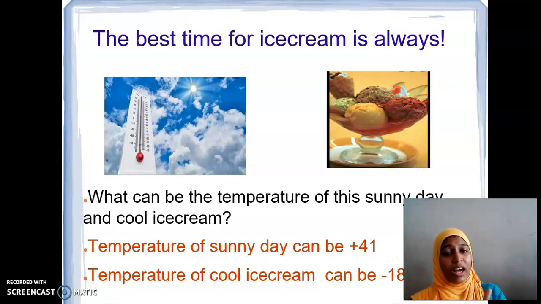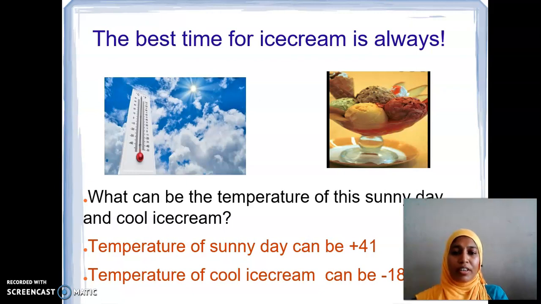If it is going to be very hard, it will be minus 42, minus 35. It keeps on growing in the negative direction. Hope it is clear for you, my dear children. The cooler it is, the bigger the number in the negative direction.